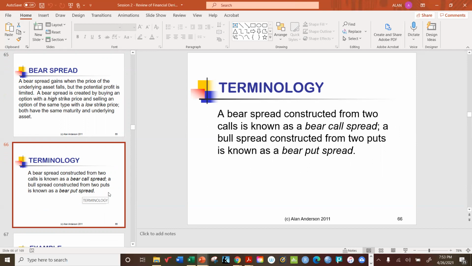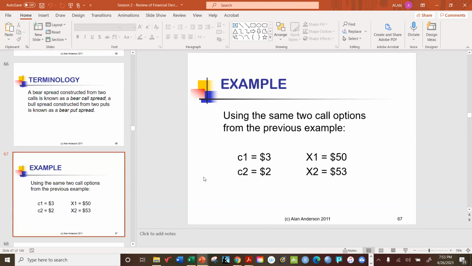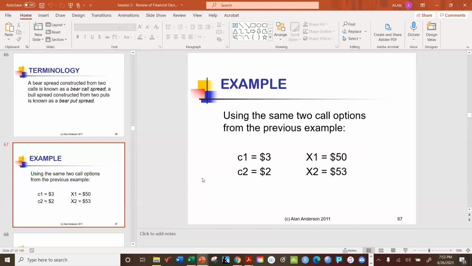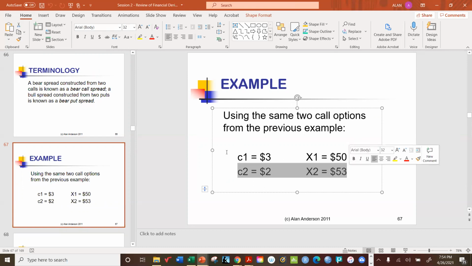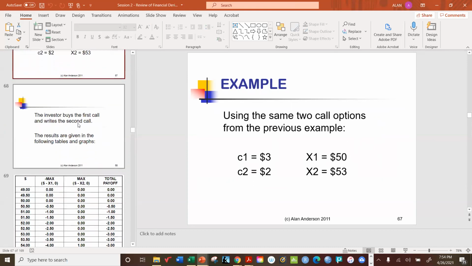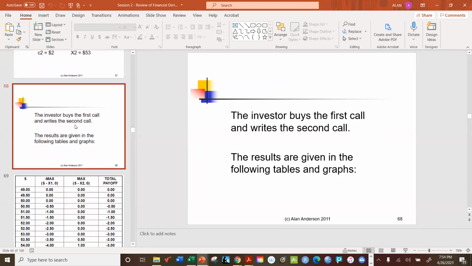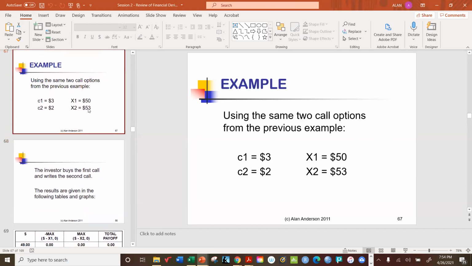We're about to construct a bear call spread. This time, all that's different is that we're taking the same two options from before, the 50 strike IBM call that sells for $3 and the 53 strike IBM call that sells for $2. And instead of buying the first one and selling the second, we're going to do the opposite.